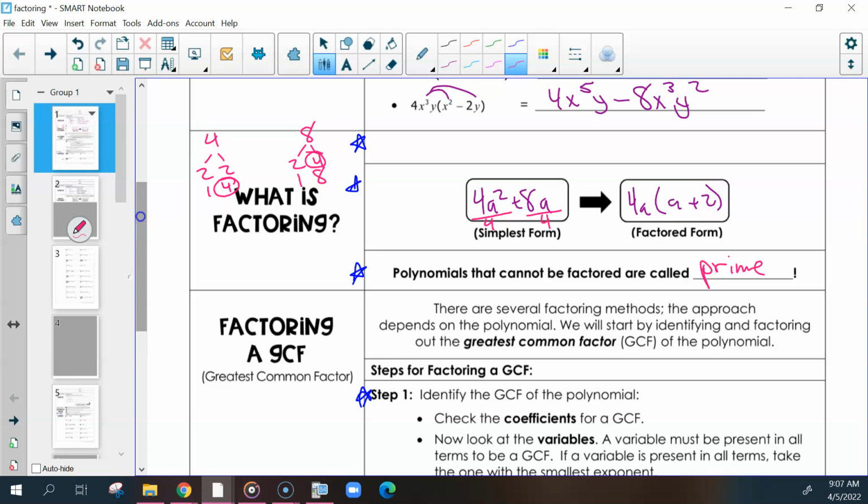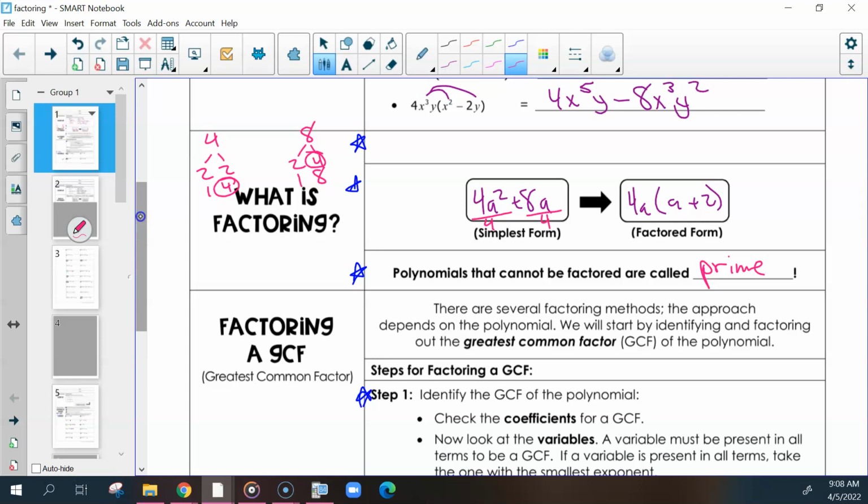But we're also looking for how many variables they have. So these both have A's, right? But we don't have the same amount of A's. So we have to look at how many A's they have in common, or the lowest amount of A's they share.